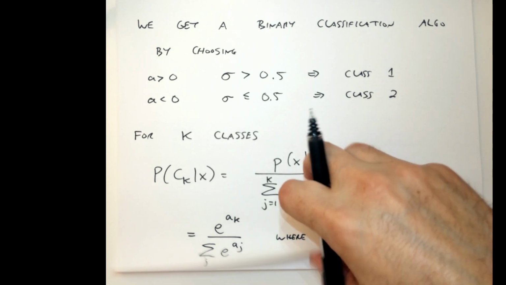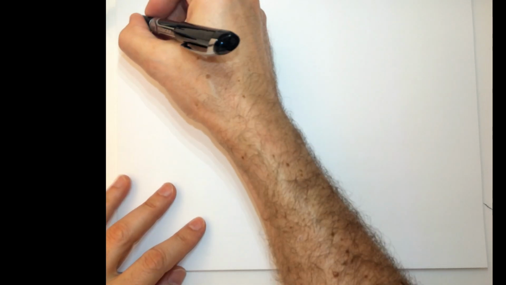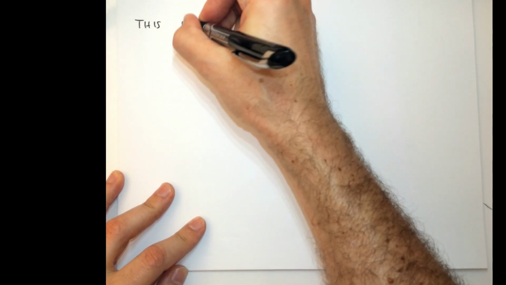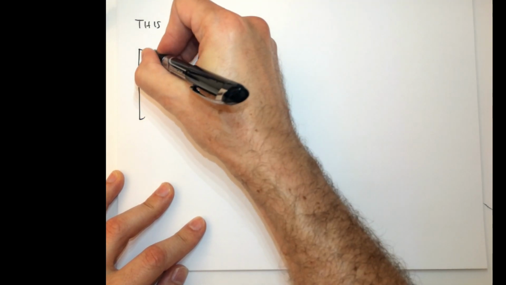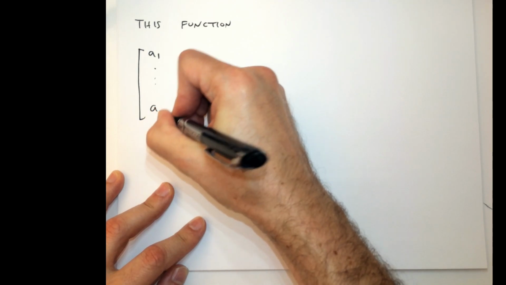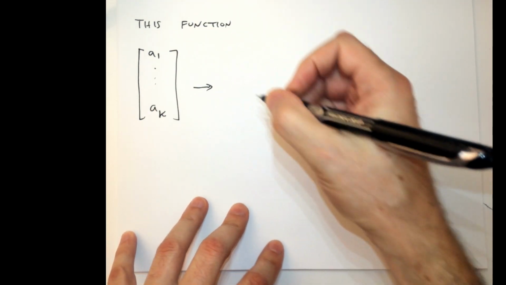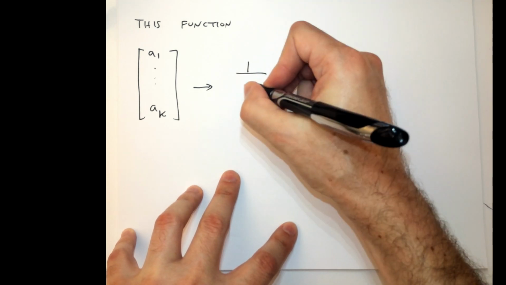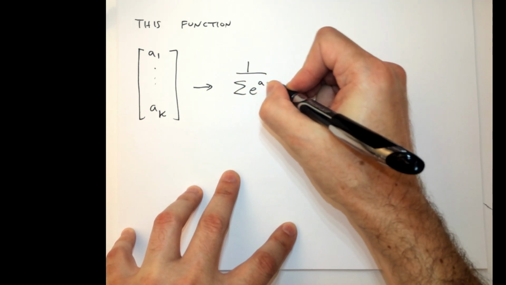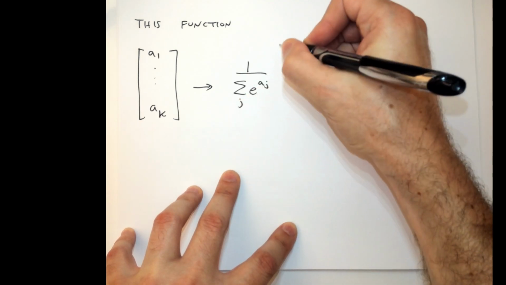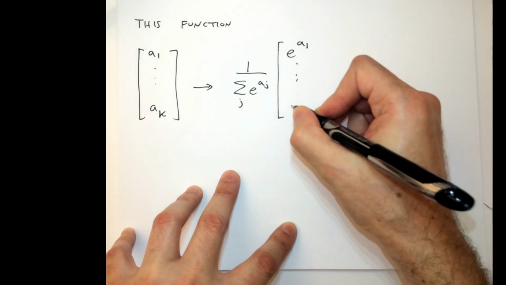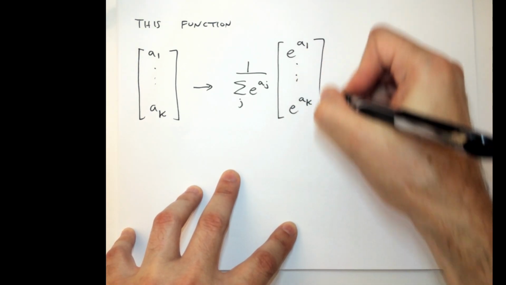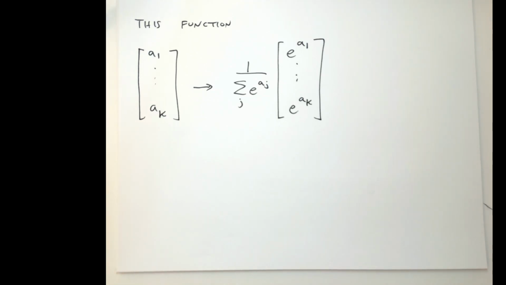So let me write that down very clearly. This function that takes the vector of A values and maps it into this vector is called the softmax function.